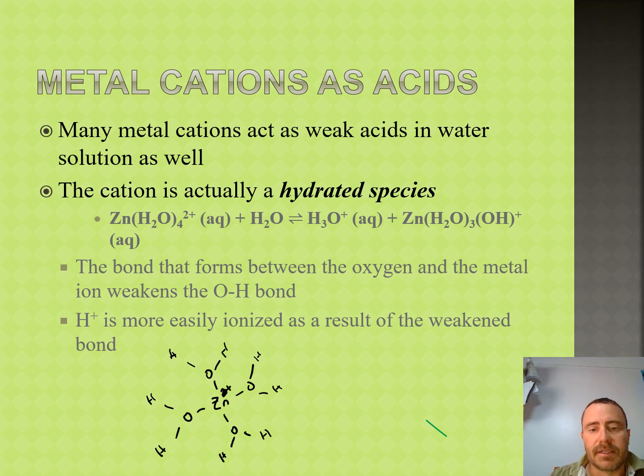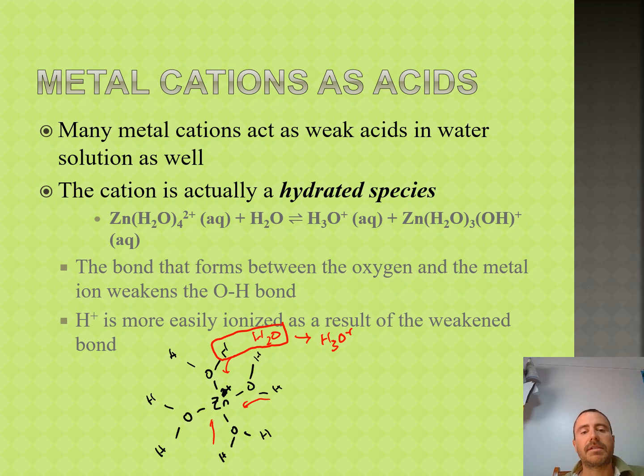What that means is that it doesn't have enough electrons around it, and so it is pulling electron density in towards it. As it's pulling that electron density in towards it, if a water molecule comes by here, it can steal one of these H pluses and become the H3O plus cation.